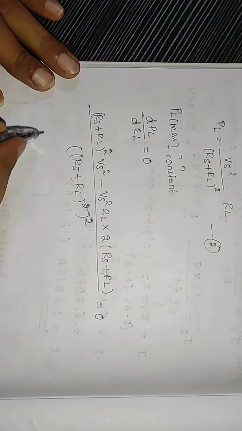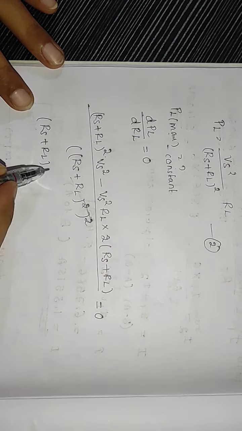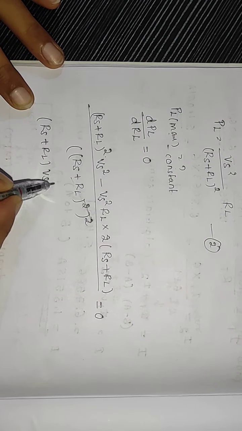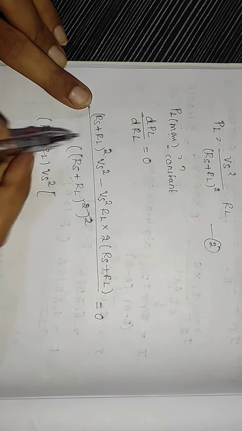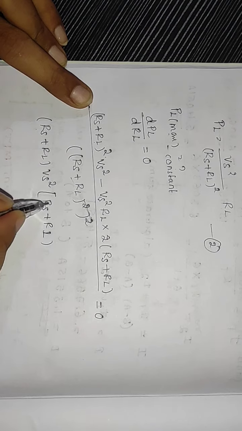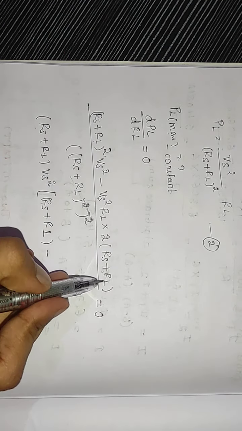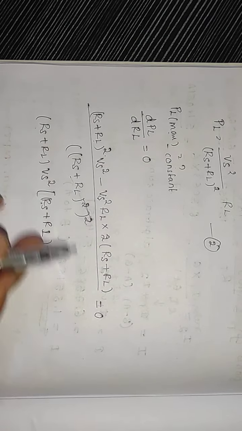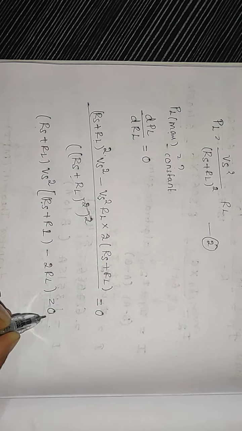Take it outside, RS plus RL and VS square. Here remaining term RS plus RL, right? Here minus, so RS plus RL is taken outside and remaining 2 RL, that is equal to 0.